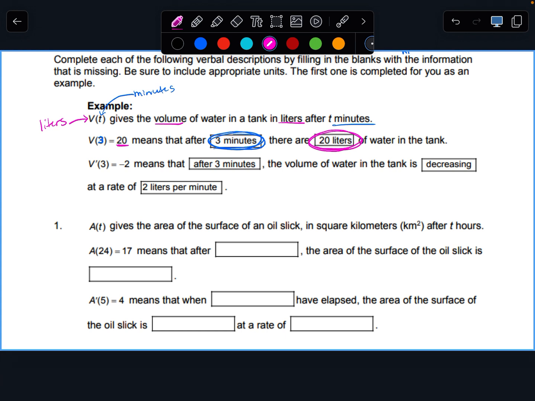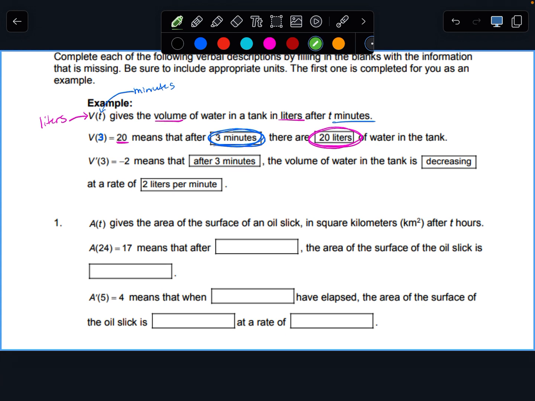But now when we're talking about a derivative, you do kind of the same thing. The time didn't change. This 3 is still going to be minutes, so after 3 minutes, the volume of the water is, now this is the thing, you have to explain negative things. Because if you say the volume of the water in the tank is negative 2 liters per minute, people are like, what are you even saying?